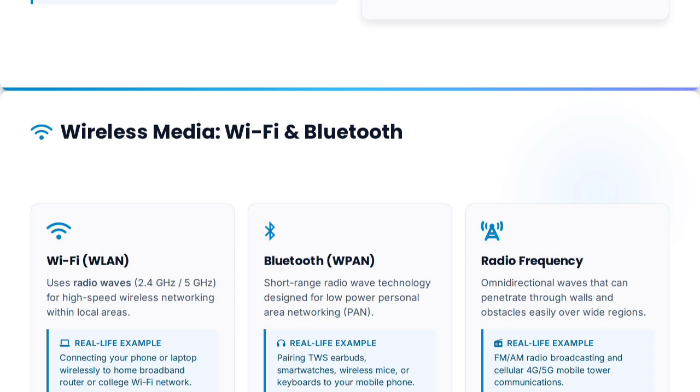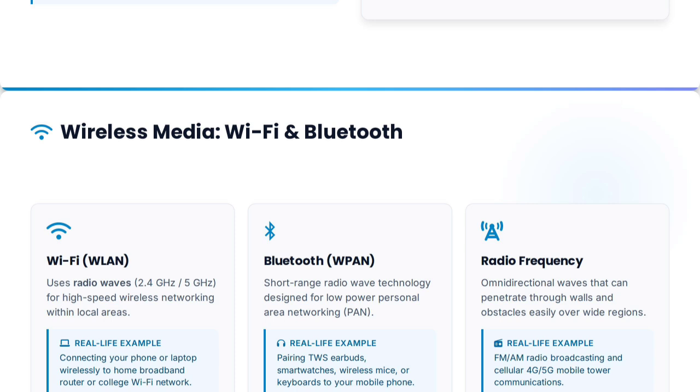Okay, watch my computer network videos on LAN to learn properly. A real life example is connecting your smartphone to your home or office router without any cables.